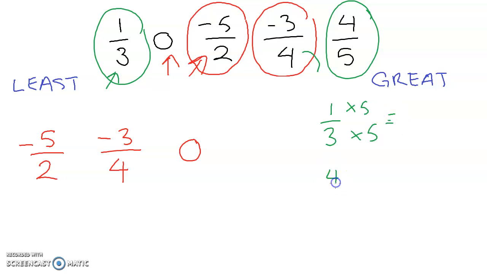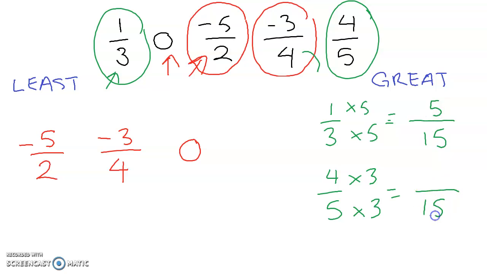And then with the 4/5, I'm going to multiply by 3 and 3. When I do that, up here I get a 15 on the bottom and a 5 on the top. And down here I get a 15 on the bottom and a 12 on the top.